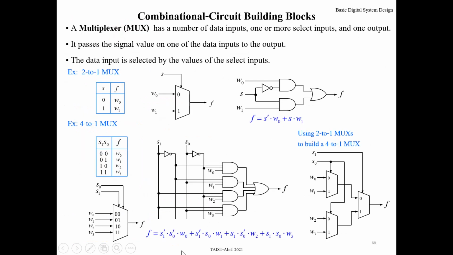That's the example. Now let's talk about the often used functions. Let's talk about conventional circuit building blocks that are often used in digital circuits. The first one is the multiplexer, or mux.